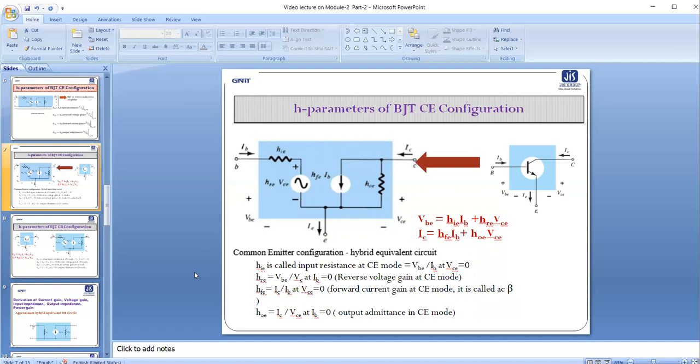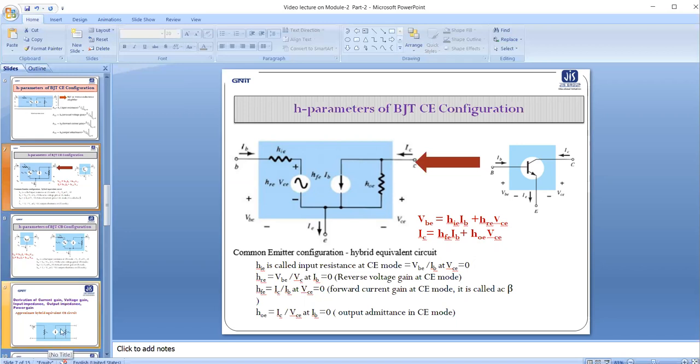It is a fractional value, very nearly equal to 0. Therefore, we can easily neglect this voltage source. Again, during the derivation of the parameters, the HRE VCE source should be removed, because the value of HRE is much less than 1, so it tends to 0.